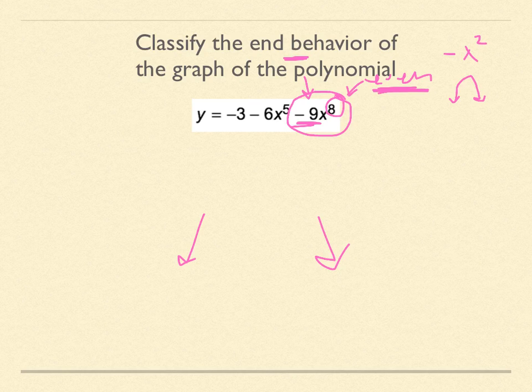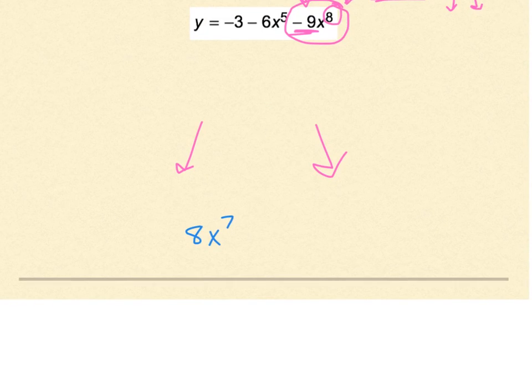What if it was a 7 instead of an 8? Would it be odd? So if we had, let's say, 8x to the 7. So is 8 positive or negative? Positive. 8 is positive. And is 7 even or odd? Odd.